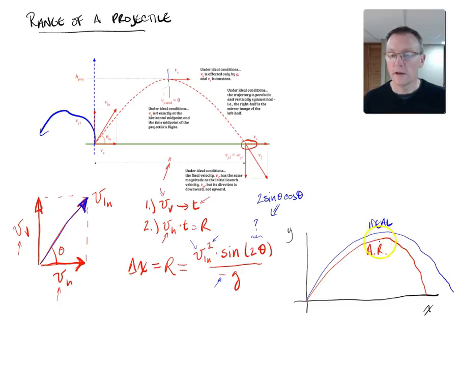So we try to stay in the ideal because it has this nice parabolic shape, and it's easy to deal with mathematically. But quite frankly, every projectile we'll ever have to actually deal with is subject to air resistance, and so ends up being like this. So it has this kind of weird cutoff, drop off at the back here. So we have to take that into account.